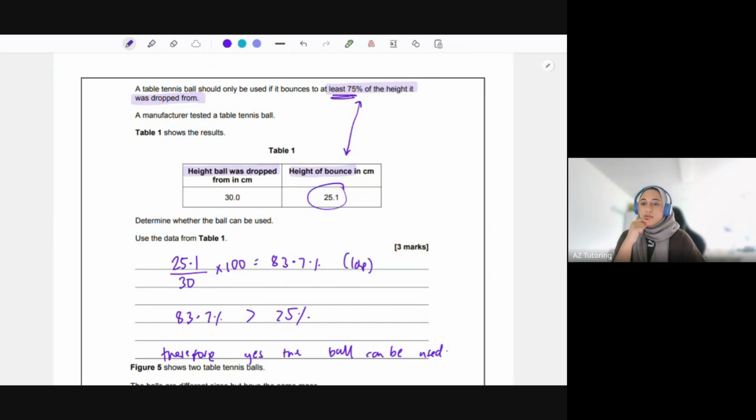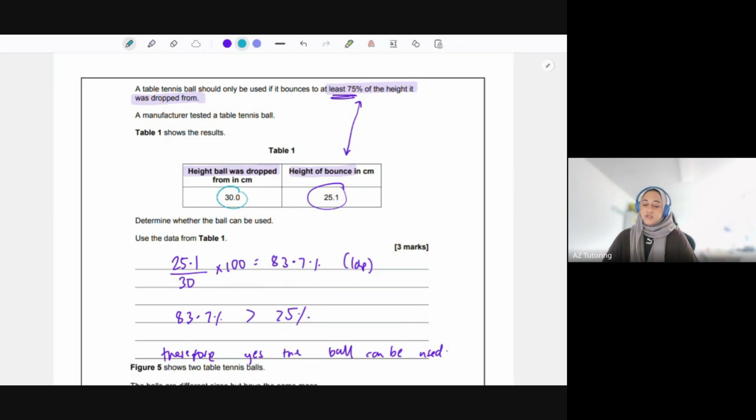Do you not do it the other way around because it says the height at which the ball was dropped? So the ball was dropped from 30 centimeters and the bounce that it came back up was 25.1. Another way you could do it is you could work out 75% of 30 and check is 25.1 within that range as well. So you wouldn't do 30 divided by 25.1. You'd get more than 100% there.